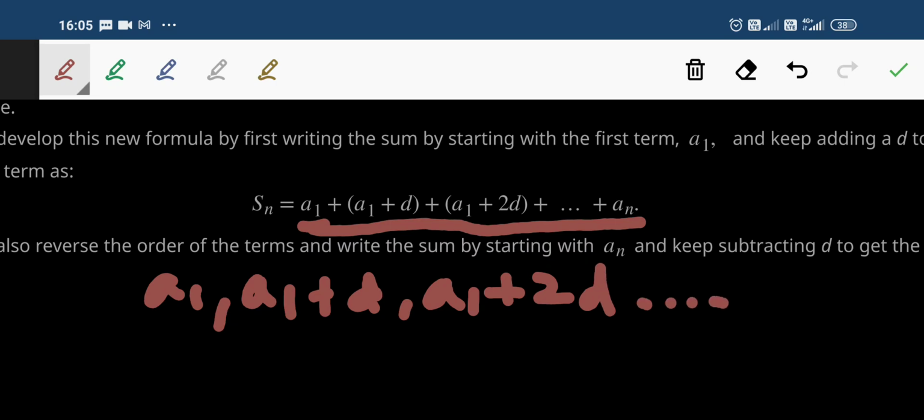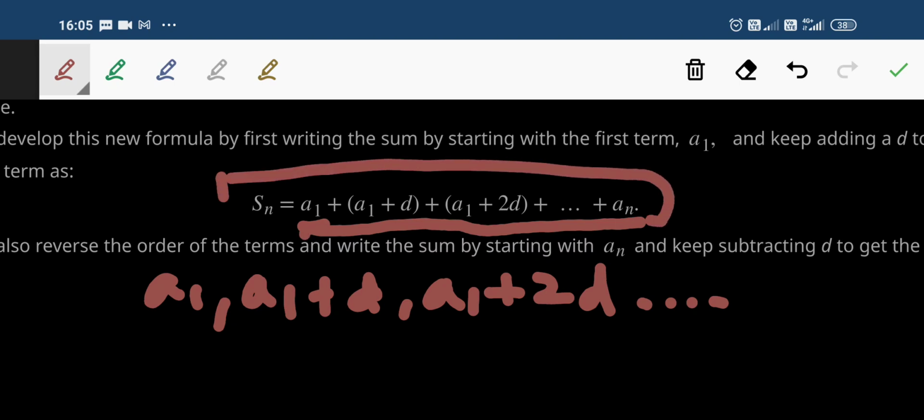Now if we want to find the sum of these numbers, we have to do this: a1 plus a1 plus d plus a1 plus 2d plus so on.